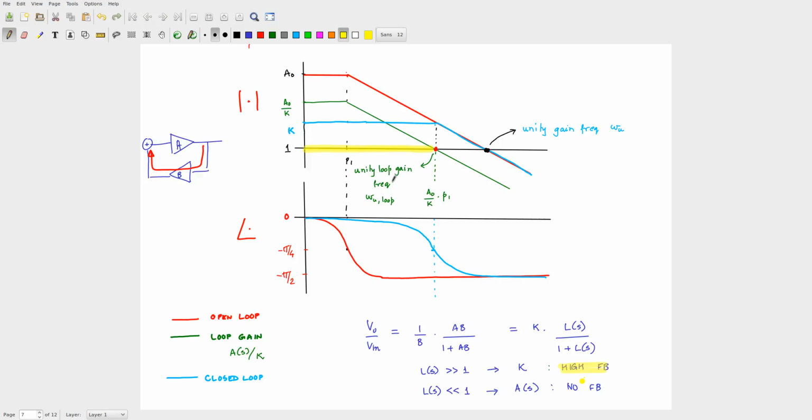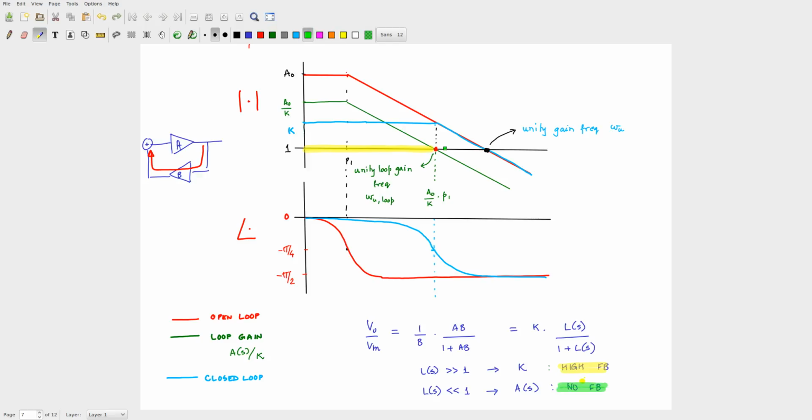So this unity loop gain frequency is a very, very important quantity. When your frequency is less than the unity loop gain frequency, the feedback is decent, and so your feedback system operates the way you have designed it to operate. What about the situation when your frequency is greater than the unity loop gain frequency? That I am going to mark in another color, maybe green.